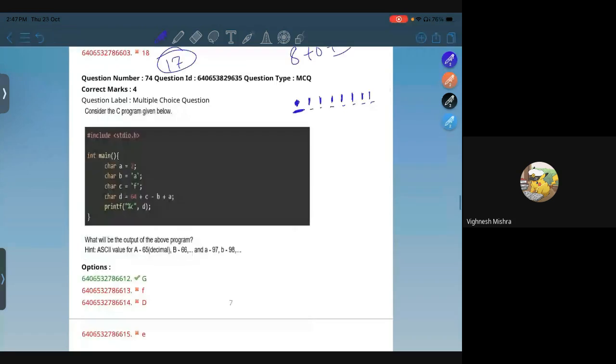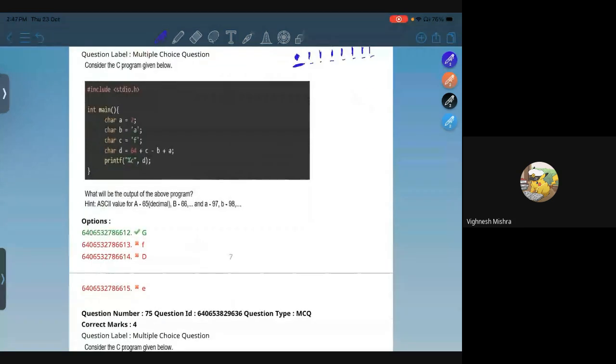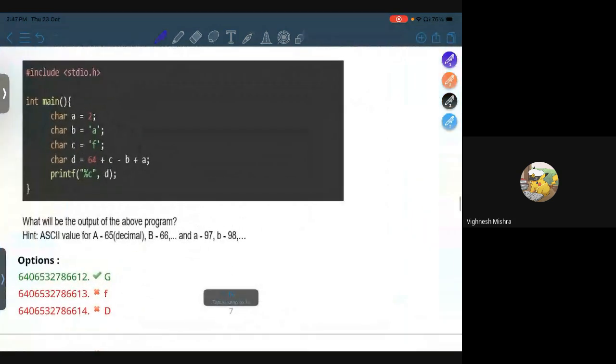Let's go ahead. What will be the output of this program? So A is 2, this is 2. Here B is 97, C, D, E, F: 99, 100, 101, 102. F is 102. This is 64 plus 102 minus 97 plus 2.